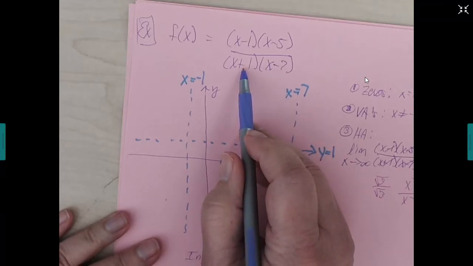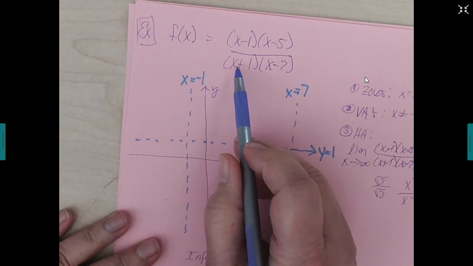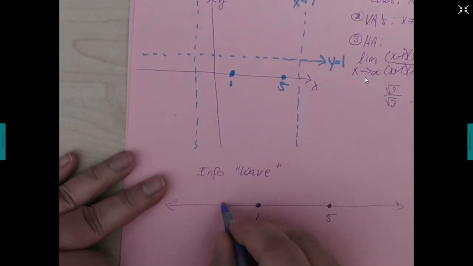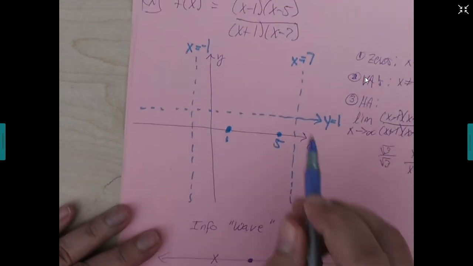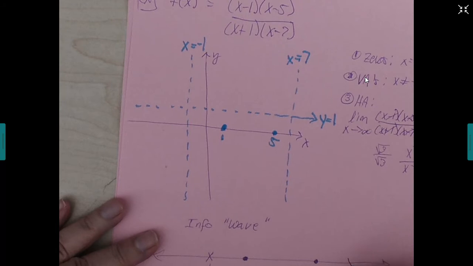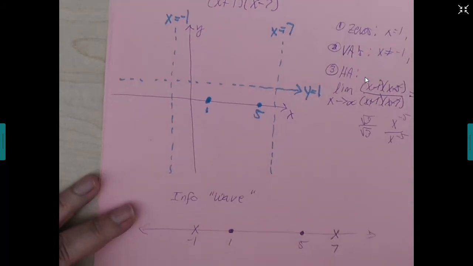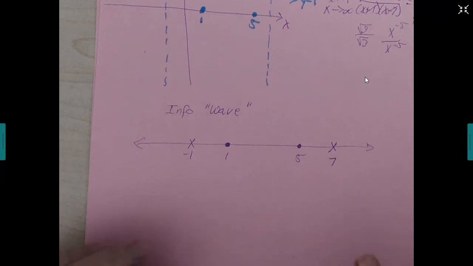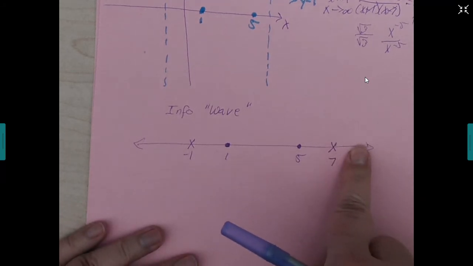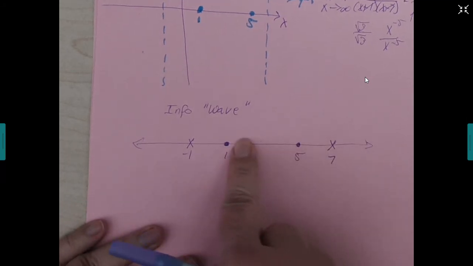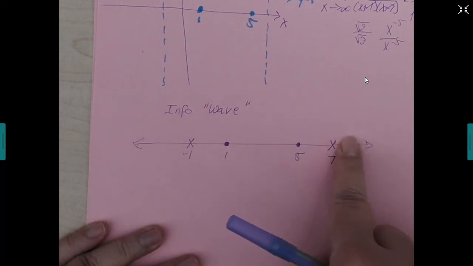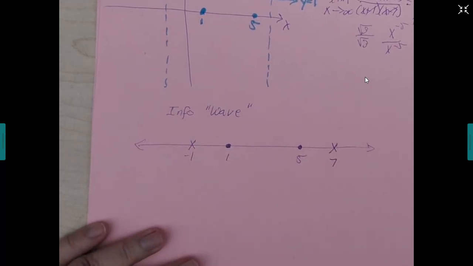So you need to do something to distinguish, put a dot or an X. So here's going to be one at -1. That's a -1 there. And then there's going to be one at 7 over here, like so. All right, so now you have all these different sections. This section, this section, this section, this section, this section. So 1, 2, 3, 4, 5 different sections there that we've got to test.